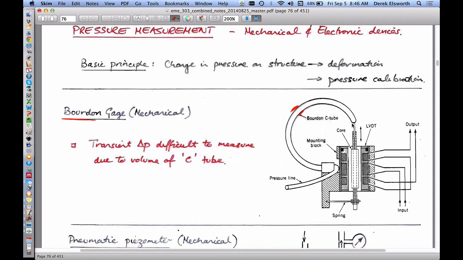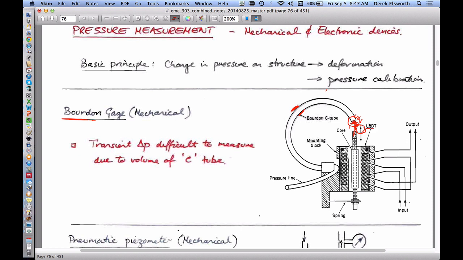And as it bends over, you can use this, for instance, in old gauges, to basically turn, usually it runs a little lever down with cogs on it. Those cogs turn cogs on a dial, and that dial is like an analog watch. It shifts over and measures the pressure, exactly that. You could also measure the distance change with something like an LVDT, linear voltage differential transducer.